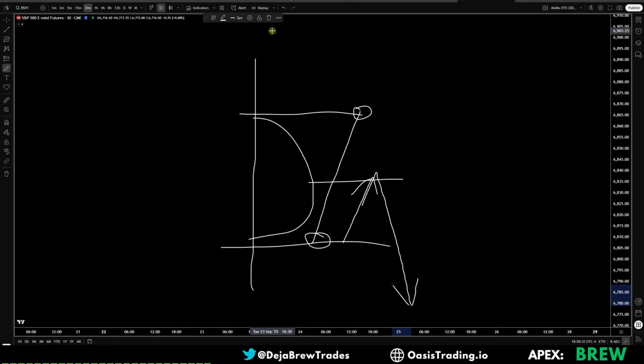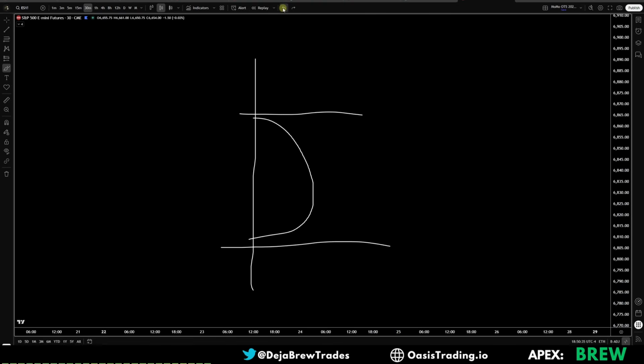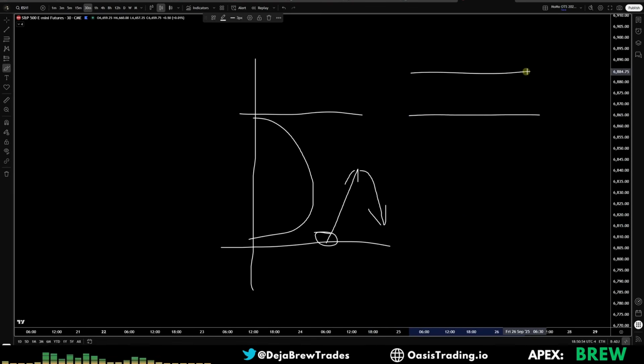In this case, let's say we are rotating from the value low to the value high, but then we fail to rotate and we start to go back down. Why I wanted to talk about this in the market structure video is because this is a very key example of a market structure shift. Because our structure was very neutral. It was very 50-50. Back and forth, back and forth, back and forth. No one side is in control.